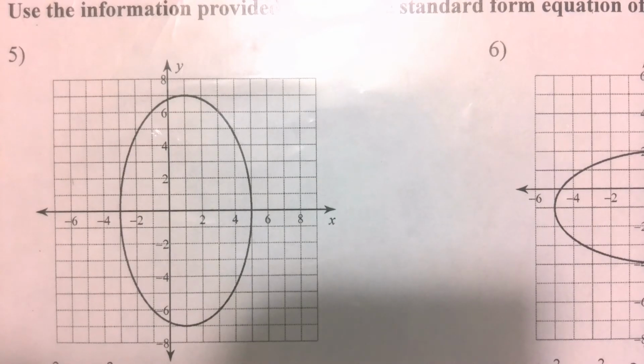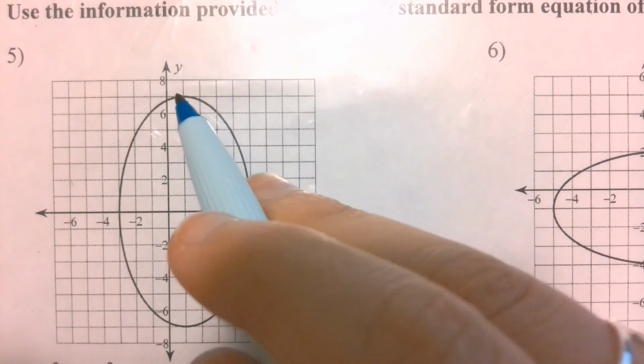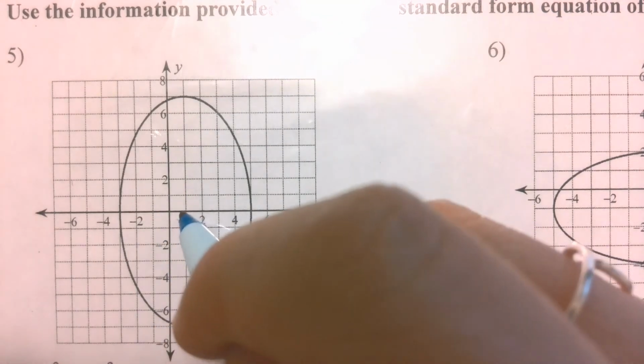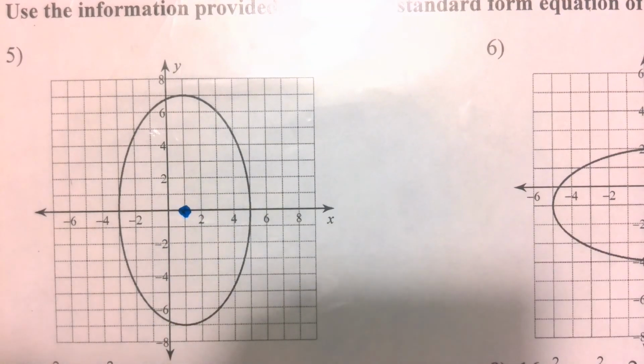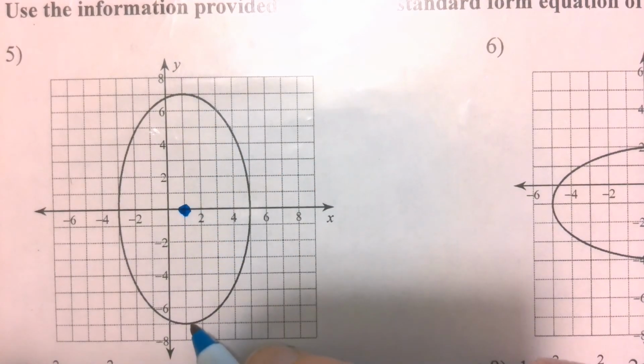For our last two examples, we're just going to be writing the equation of the ellipse given the graph. So we do need to find a few pieces of information looking at the graph, but we're not necessarily going to need the vertices, co-vertices, all of that. So first, I definitely know in my equation that I need the center. So trying to identify the center of your ellipse, and usually you can just eyeball it, but to be certain that it is the center, you would make sure that it is up the same distance as it is down.